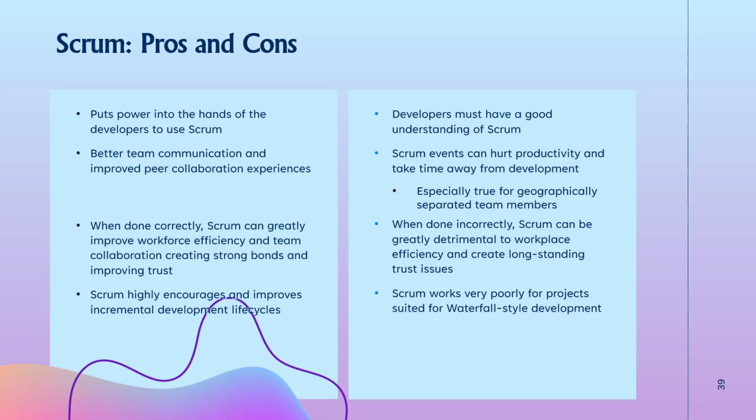But if you don't have a good understanding of Scrum, it can tear apart teams. If you are letting a supervisor take care of handling the Scrum meetings, or an accountant, right? Someone who's not really understanding how the development workflow goes. Or if you don't have trust in each other to complete the tasks, you can be going into sprint meetings and saying, hey, I don't think Jeff will be able to complete that task.